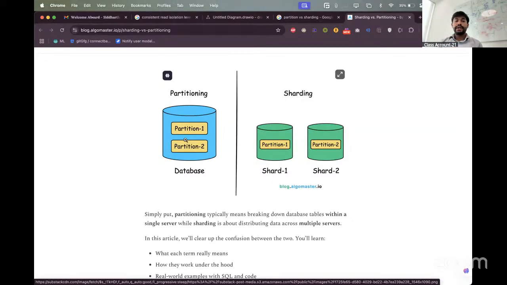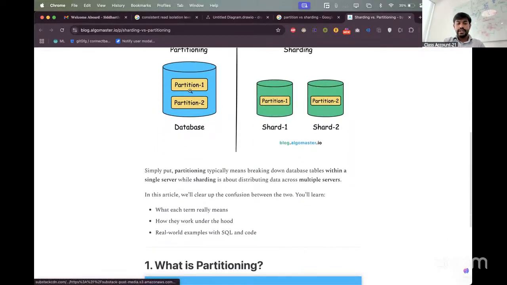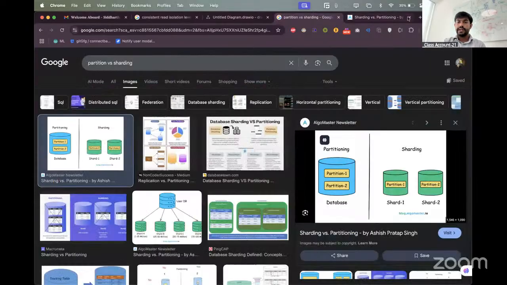So that was pretty much about partitioning, where we split the data into parts. Not just two parts, there can be multiple partitions out there. And sharding is basically splitting of different partitions across multiple machines. This image is good enough to understand.